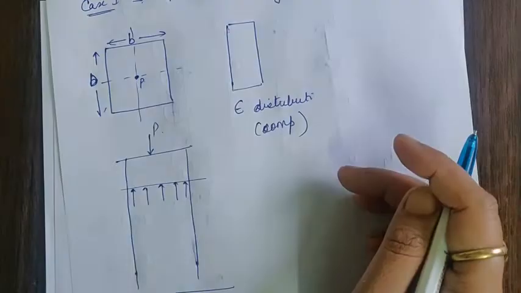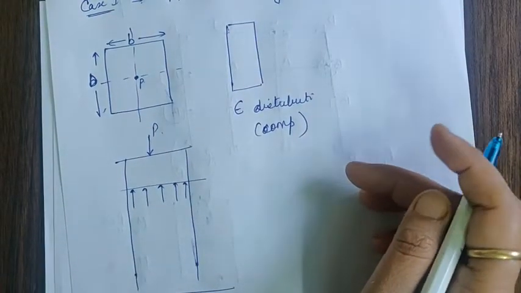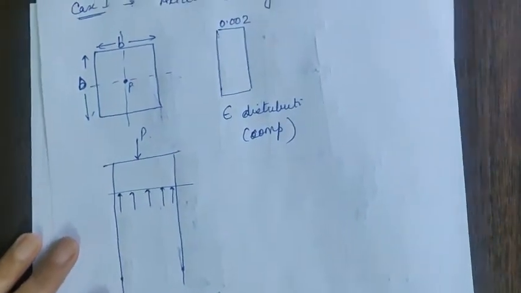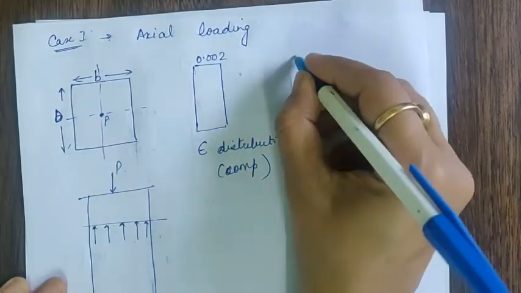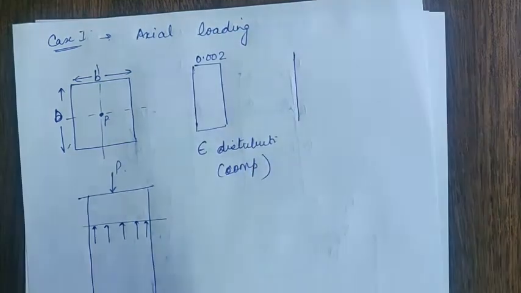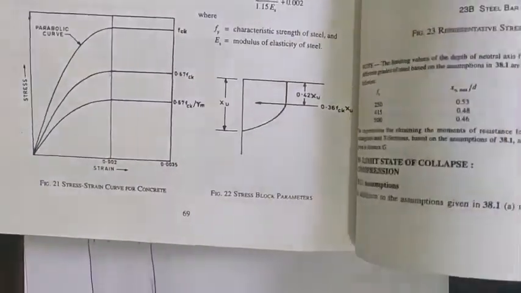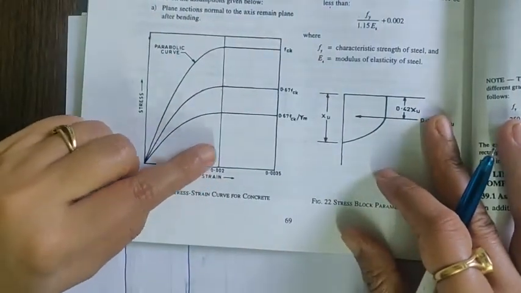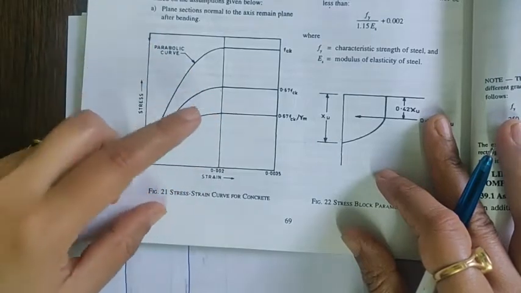So the maximum strain value is 0.002. And if you all remember, due to this strain, for 0.002 strain, the stress distribution is 0.446 fck.